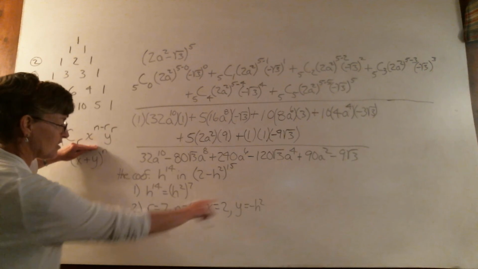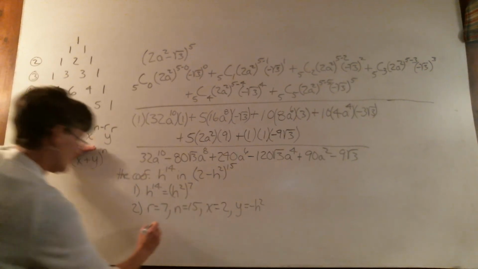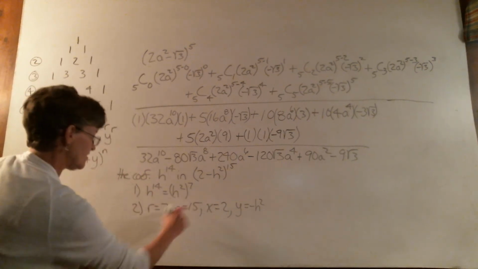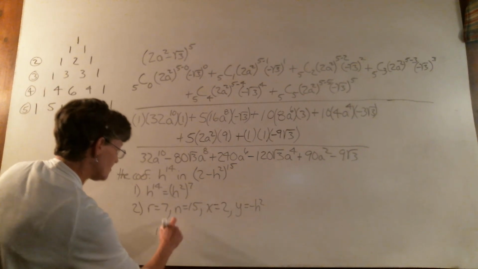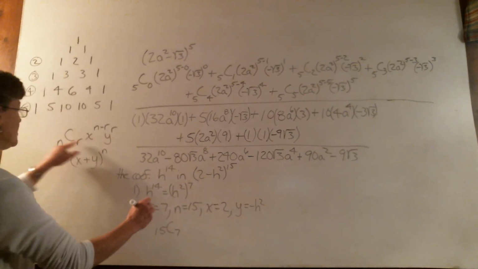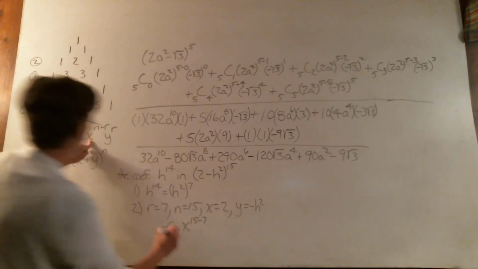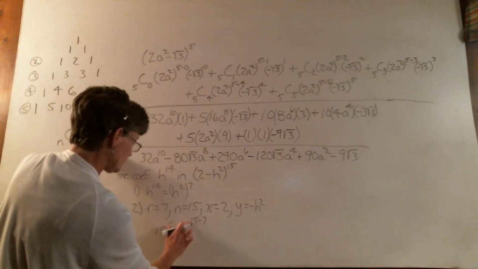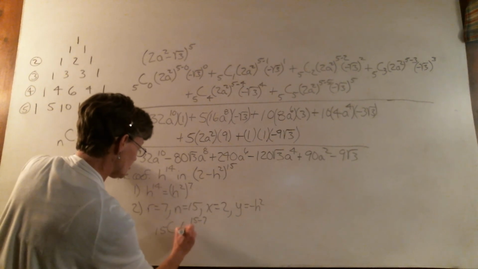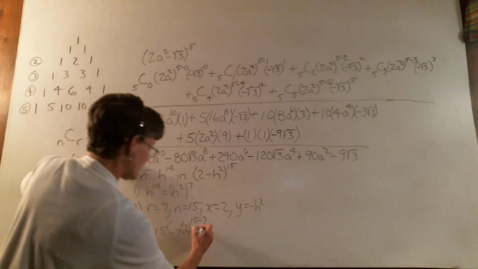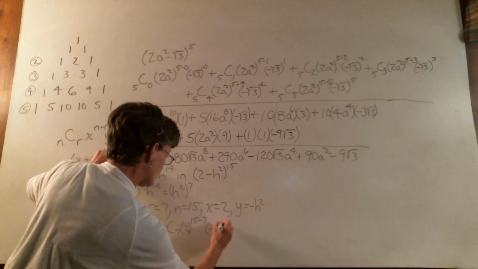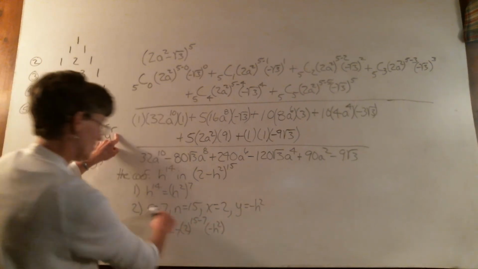All right, so I'm going to fill all of these into this right here. So we've got n is 15, so I've got 15C7, and then x to the 15 minus 7, but our x is 2, and then y is negative h squared, and it's to the r, which is 7.